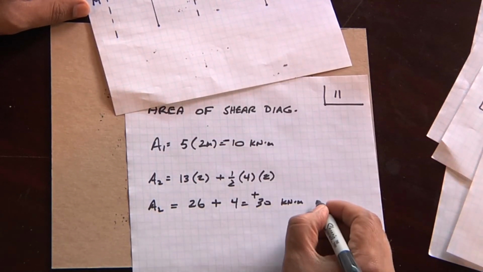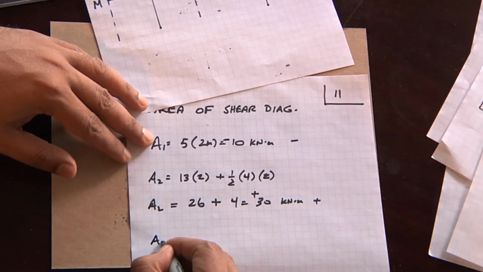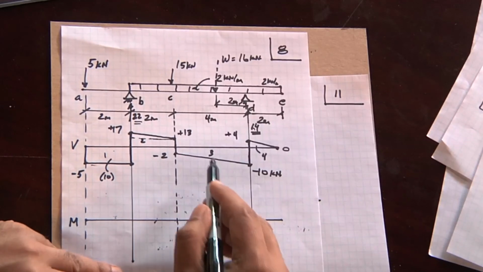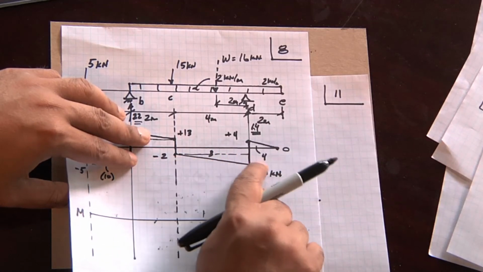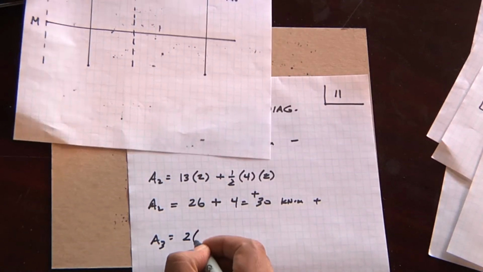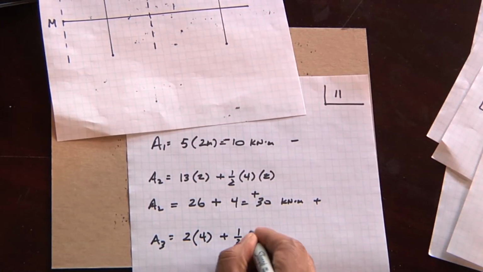This is a negative area. This is a positive area. A3, same thing. We have a trapezoid. We're going to break it up into 2 pieces. We have the rectangle, we have the triangle. So the first piece is 2 times the length, which is 4, plus 1/2 the height.